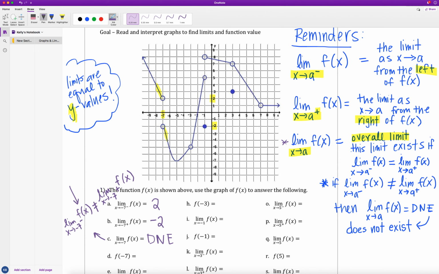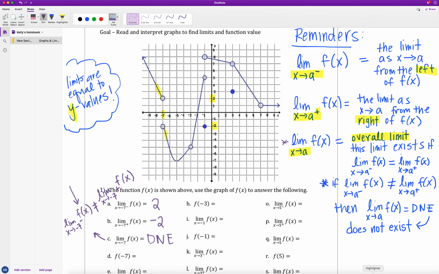Okay, part D says, what is f of -7? Well, this has nothing to do with a limit at all. This is asking for the coordinate pair. So at -7, what is the y value where I would have a filled-in circle? Well, if I look here on the graph, no matter where I look, -7 has no filled-in circle along here.